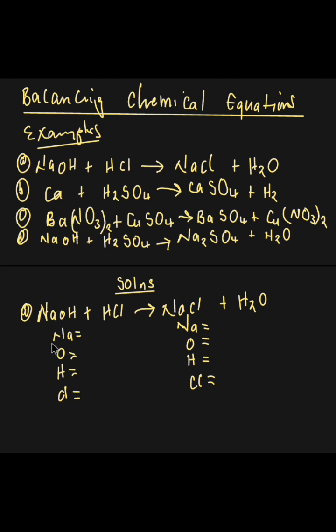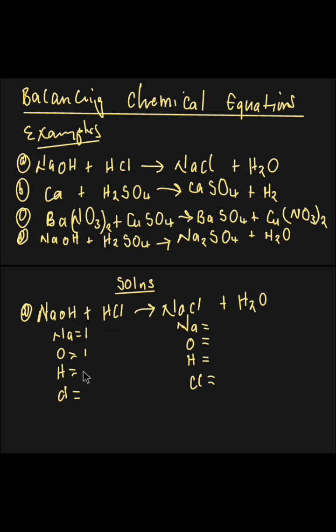So now the quick thing to do here: there's only one atom of sodium on the reactant side. How many atoms of oxygen are there? One. What about hydrogen? You have one plus another one, so you have two.